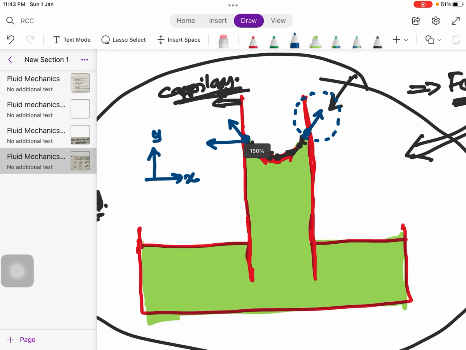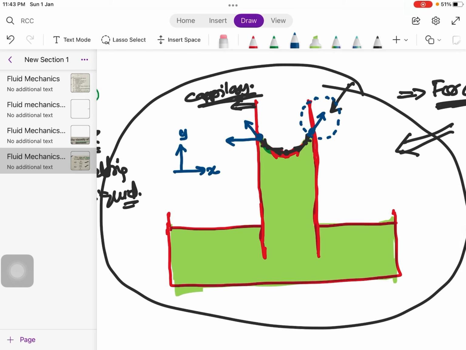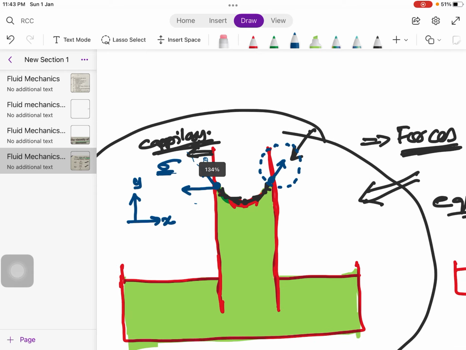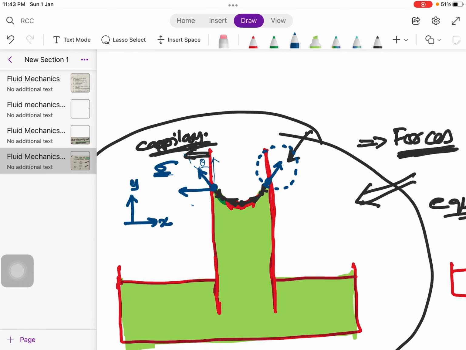Suppose I denote this surface tension force as sigma, and I denote this angle as theta, then the surface tension force can be resolved in two components: sigma cos theta and sigma sine theta.